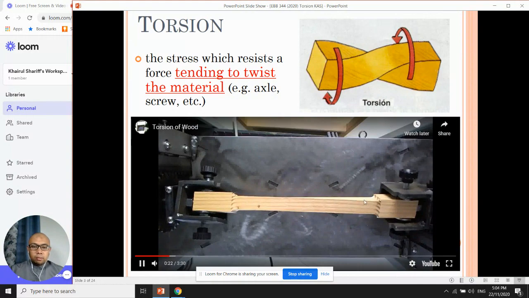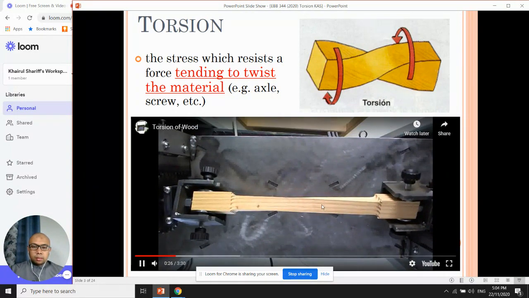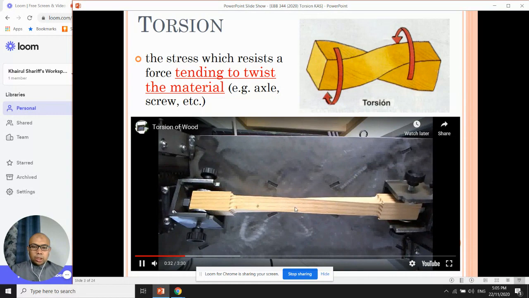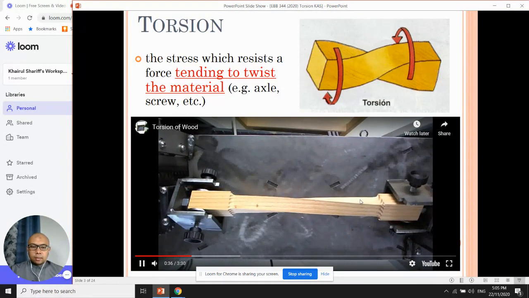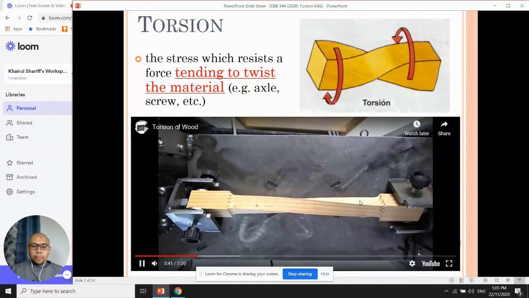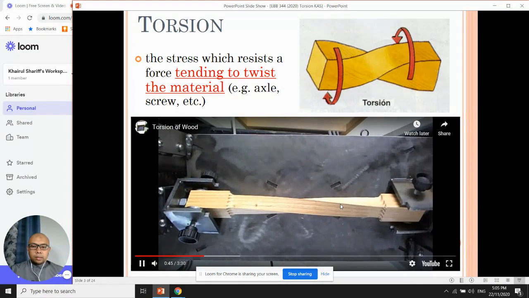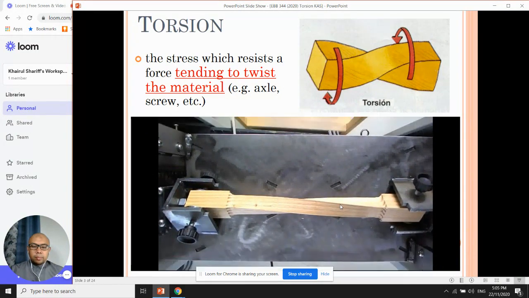Now the sample rod is twisted, and now it starts to fail. You can see there is some rotation here. You can see the other surface at the side of the sample. As you can see, the sample rotates, and we just wait until the sample fails.